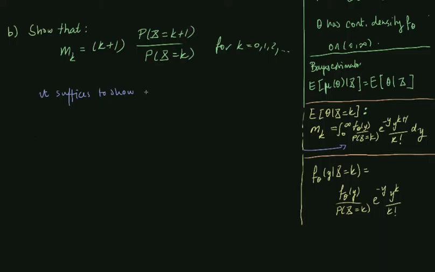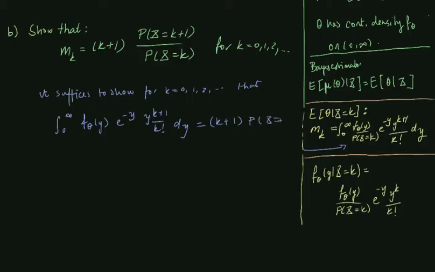So it suffices to show, for k equals 0, 1, 2, and so on, that the integral from 0 to infinity of f theta of y multiplied by e to the minus y multiplied by y to the k plus 1 divided by k factorial dy is equal to k plus 1 multiplied by the probability that x is equal to k plus 1.